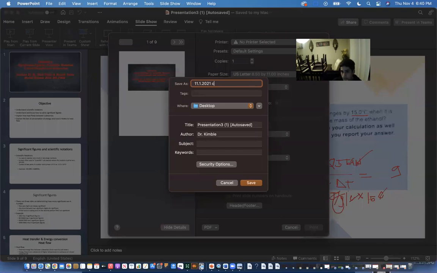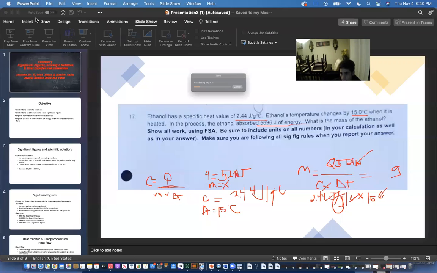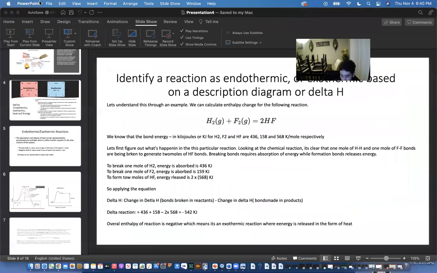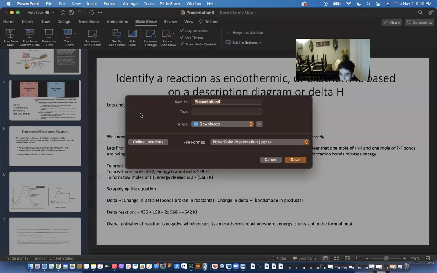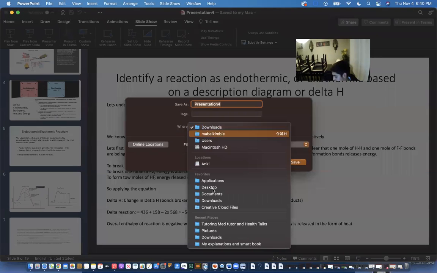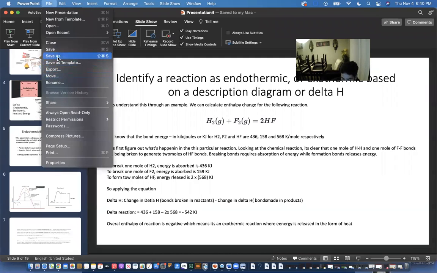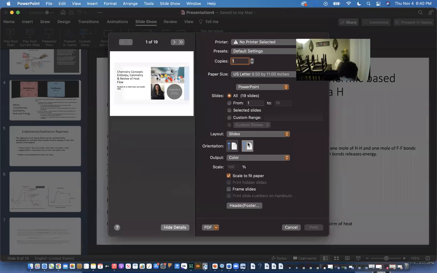Time is going by fast. Okay, and then this one, I don't know if any of my PowerPoints help you. Yeah, they do. But I'm going to save this and send it to you as well, so you have this. Notes.